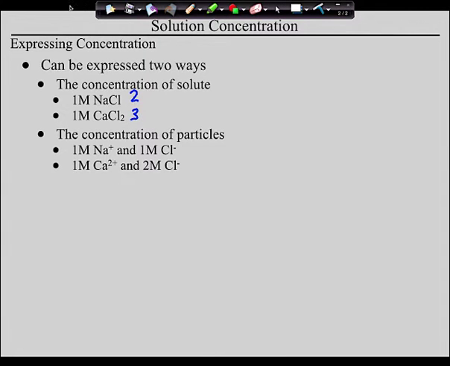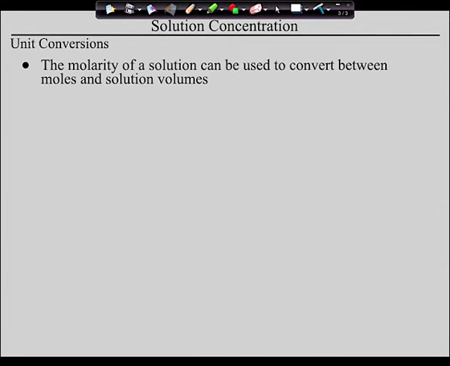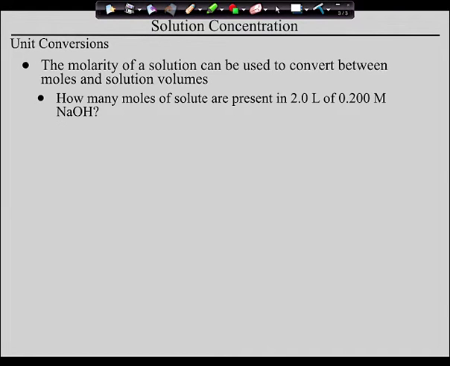Here we go. So guys, not only can we talk about molarities conceptually and draw pictures, we can also use them as dimensional analysis conversions. Here's an example of what I'm talking about. How many moles of solute particles are present in 2 liters of a 0.2 molar sodium hydroxide solution?